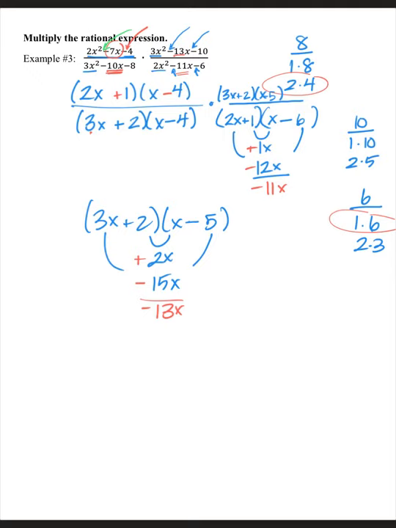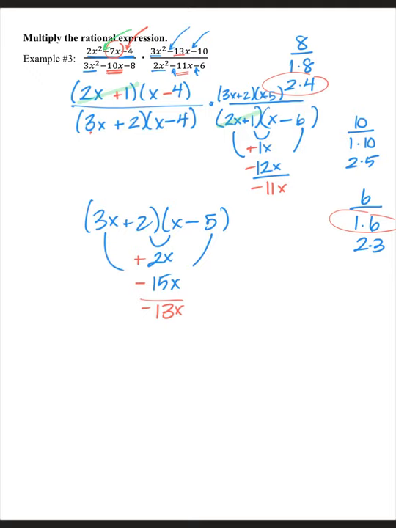Okay, let's try to reduce. Where are my common binomials? Now, if you think about what I was doing before, I was using binomials in the numerator and the denominator to help me factor the remainder trinomial. So I know I have some common terms. This x plus 2 is up here and down here as well.